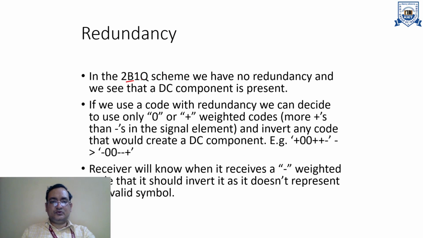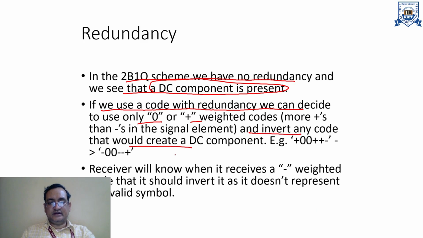Now redundancy in the 2B1Q scheme: we have no redundancy and we see that the DC component is present. That's why I am saying so. If we use a code with redundancy, we can decide to use only 0 or positive weighted codes and invert any code that would create a DC component.